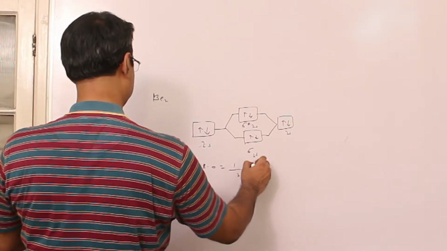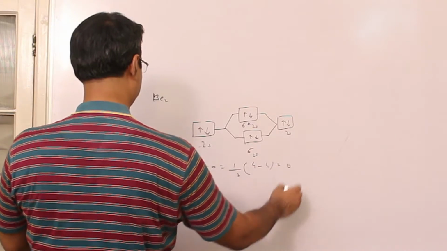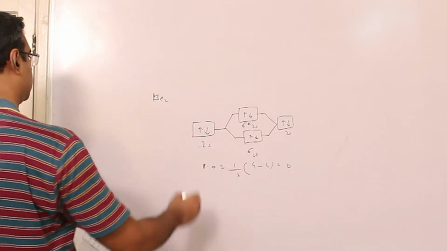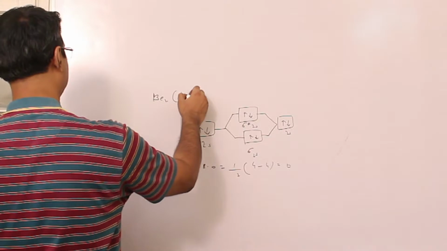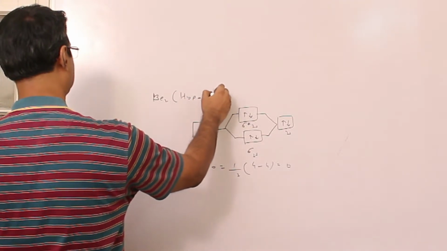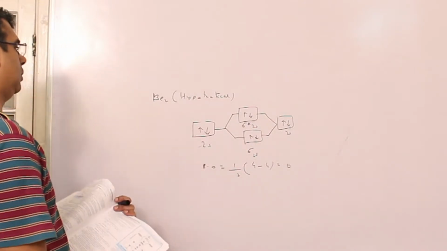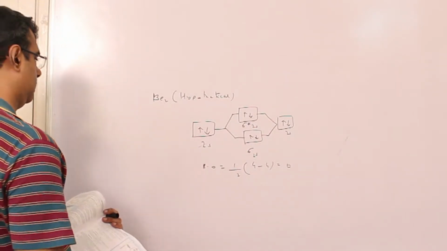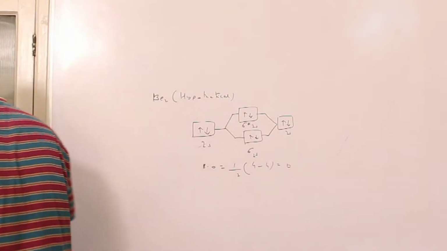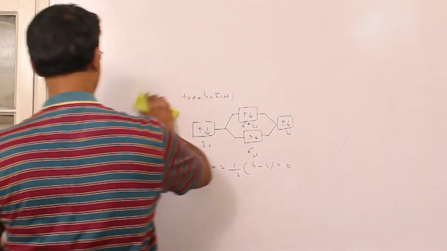So for bond order, there are 4 bonding and 4 anti-bonding, so bond order is 0. That means beryllium 2 molecule is hypothetical, which means beryllium 2 molecule does not exist. So for beryllium also, the answer is that it does not exist.